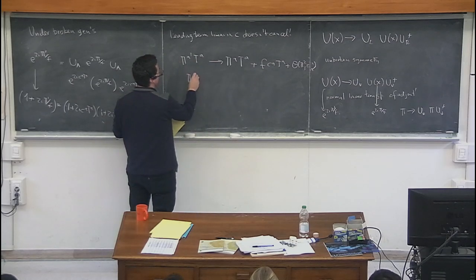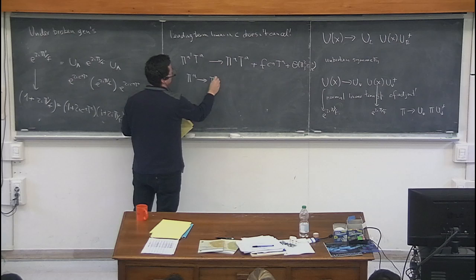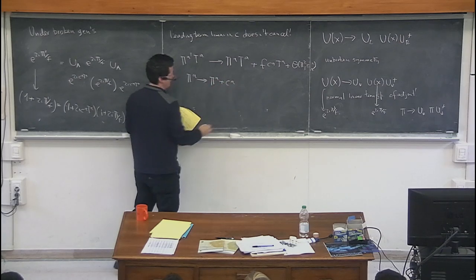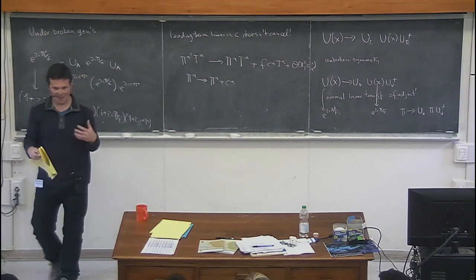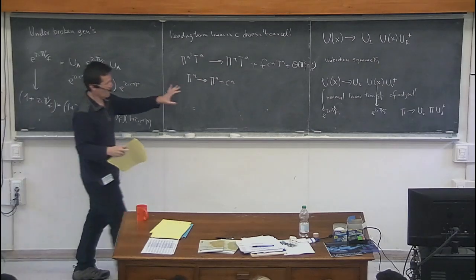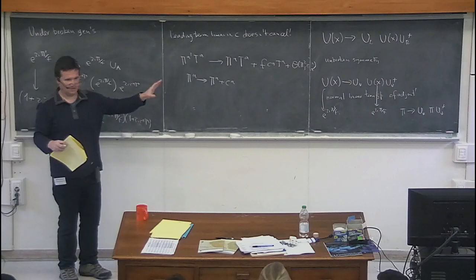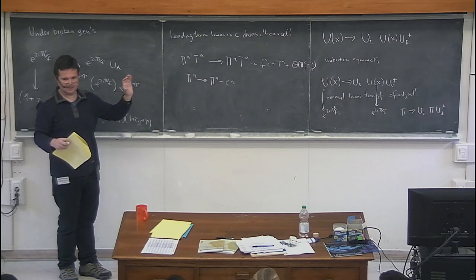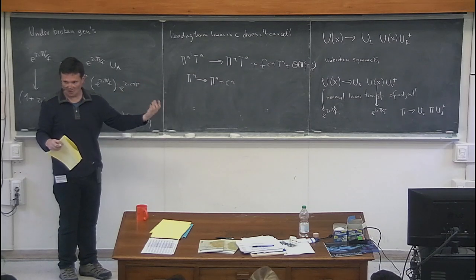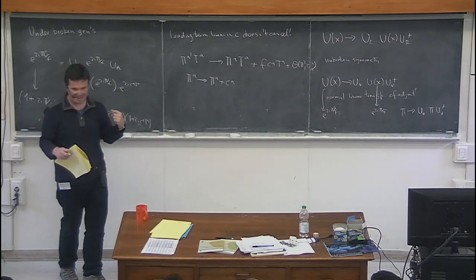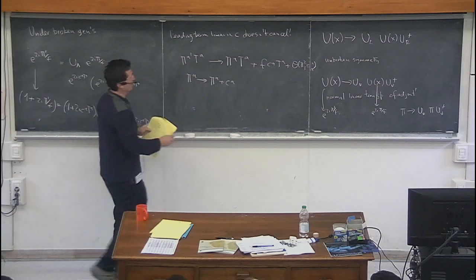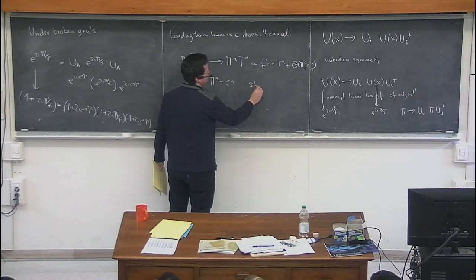This is the famous shift symmetry. Of course, it's not exactly a shift symmetry, there are higher order terms here, but to lowest order there's a shift symmetry. And that's very different from the usual transformation rules of linearly realized symmetries.